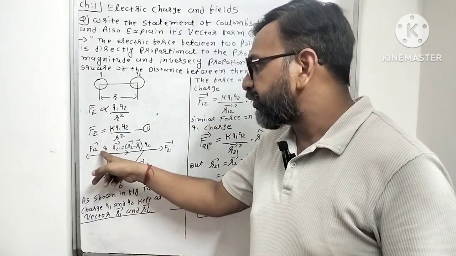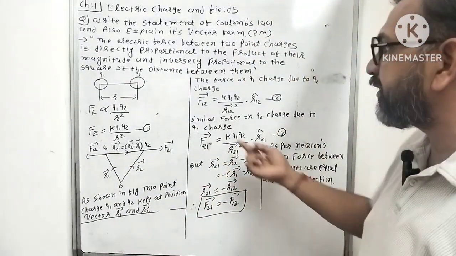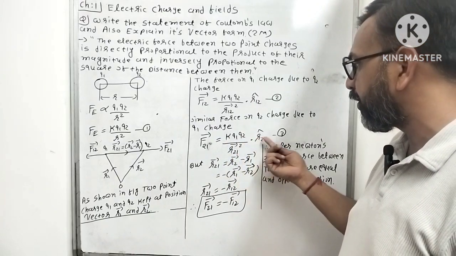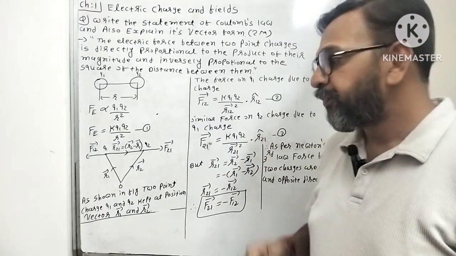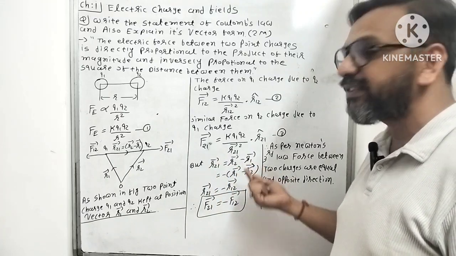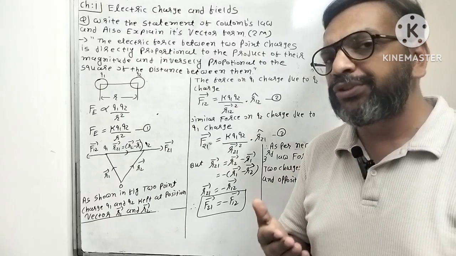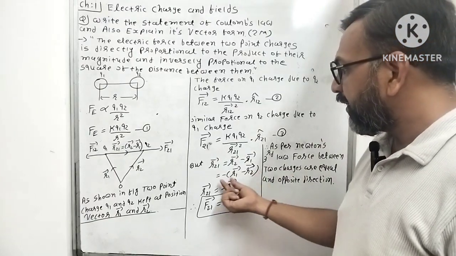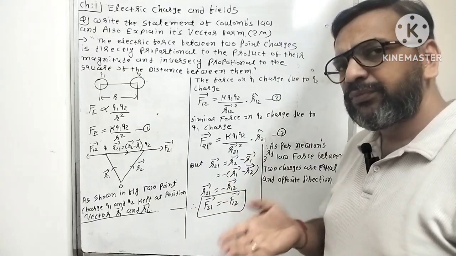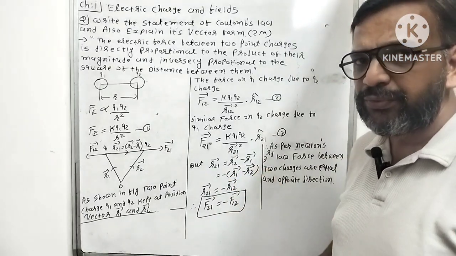Similarly, the charge q1 also applies a force on charge 2, which is written as F21 = k q1 q2 upon r21 square into r21 caret. But as we know, r21 is written as r2 minus r1, from 11 science chapter number 3, motion in a plane. So if we take the negative sign common, it will be written as r1 minus r2.